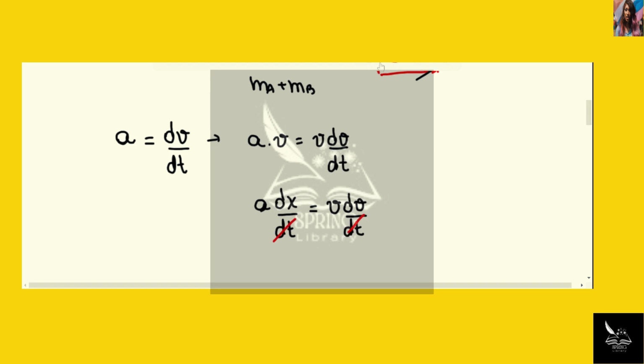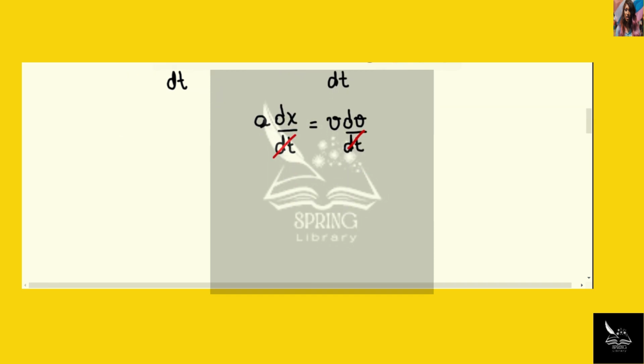The t's cancel, and we're left with a dx is equal to v dv, and we have to integrate it from the initial velocity, which in our case is 0, to the final velocity, and on the left-hand side, from the initial position, which I'm going to call 0, to the final position, which is D.